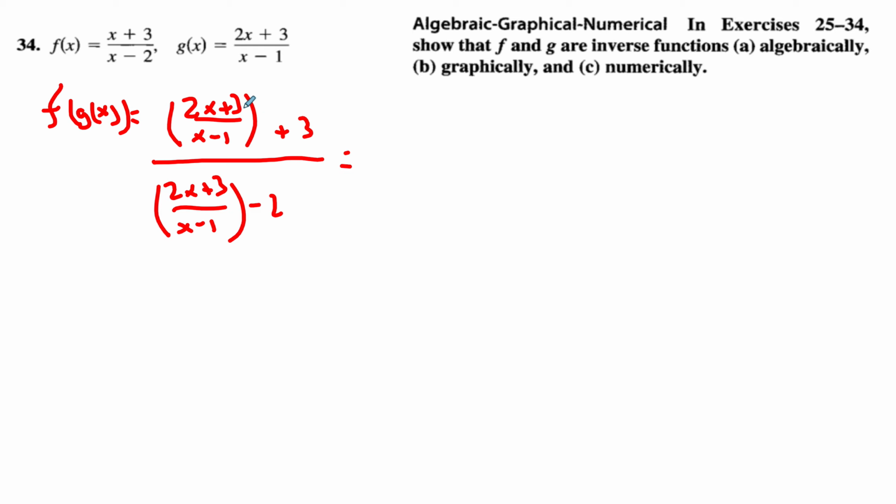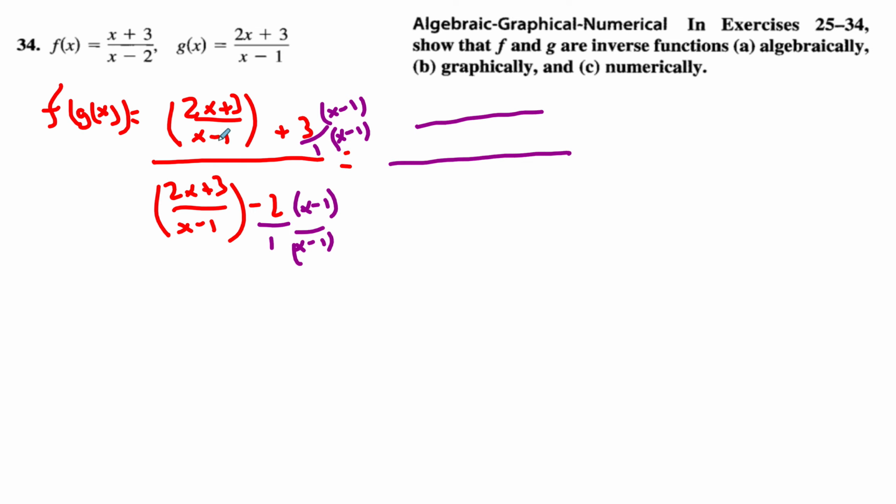Now this looks like a mess because to some degree it is, but it does mean that I have a common denominator in both cases, which is x minus 1. So I'm going to have to multiply this by, so that's 3 over 1, so it's x minus 1 over x minus 1. And this by x minus 1 over x minus 1.